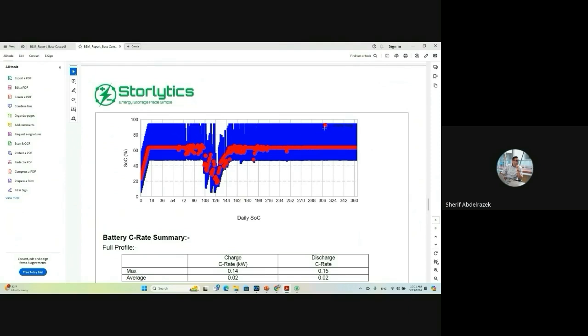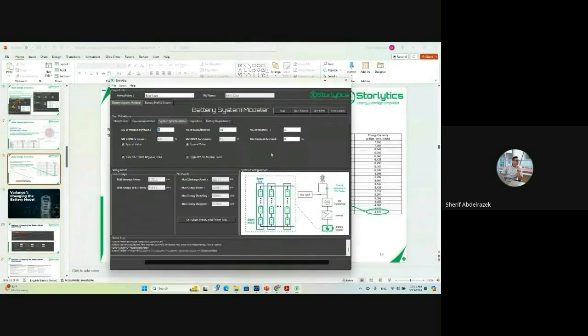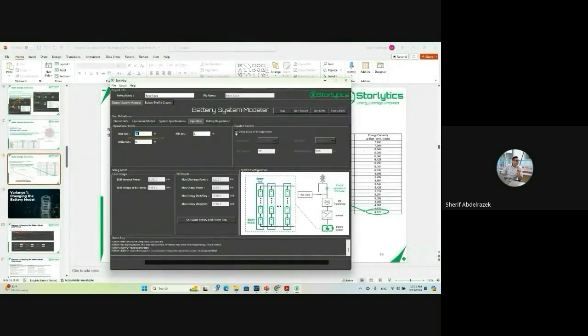Yeah, probably so, right? So what we did is, all right, let's assume the system would actually be operated such that, in operation, we will get the state of charge daily down to, let's just say, 15%, right?